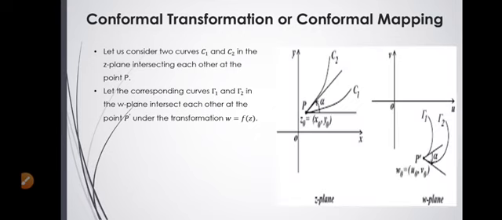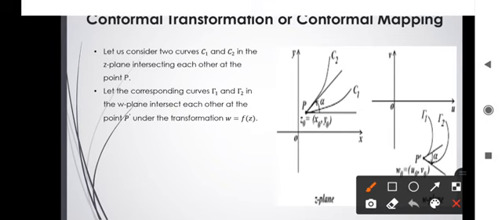In this diagram, this is the Z plane and this is the W plane. In the Z plane there are two curves C1 and C2, and between these two curves there is an angle alpha. To measure the angle between these two curves, we have to find tangents to these two curves at their point of intersection P. Suppose this point of intersection has the coordinates x0, y0.